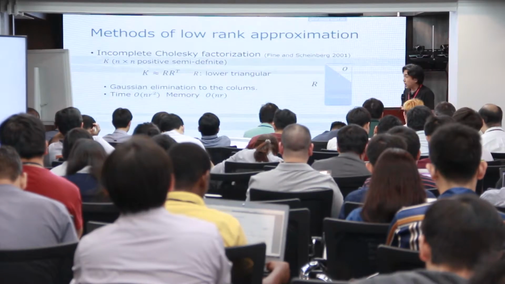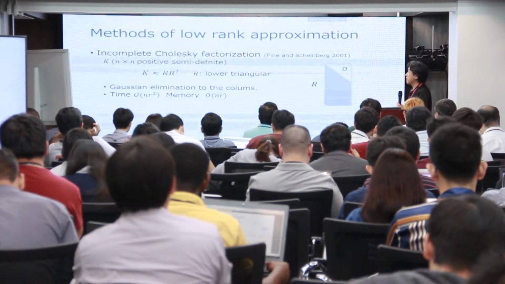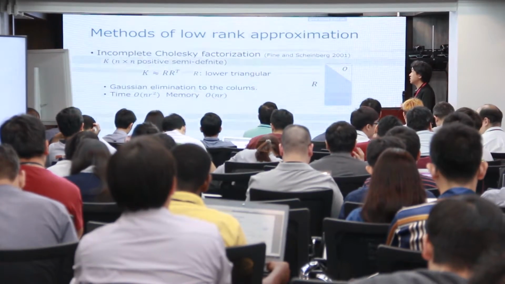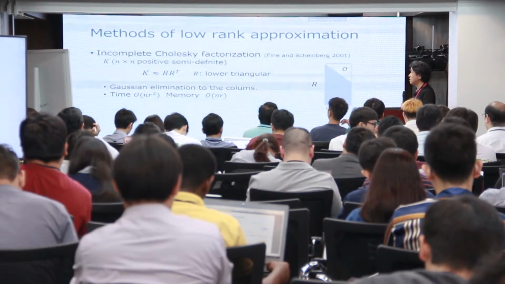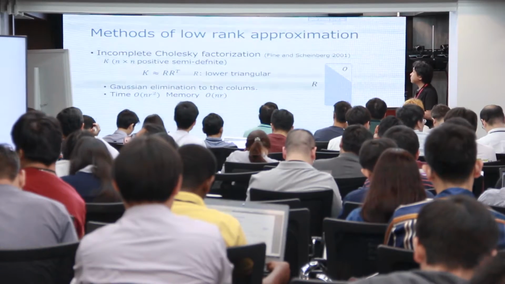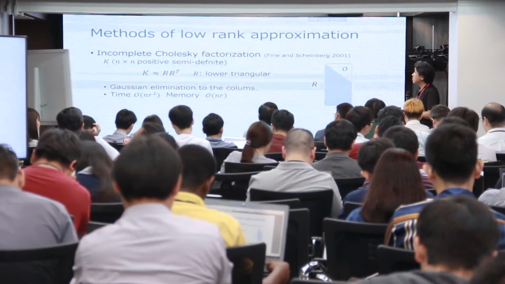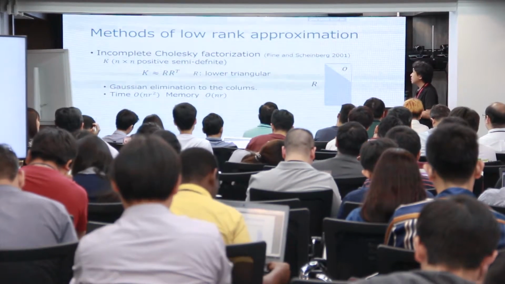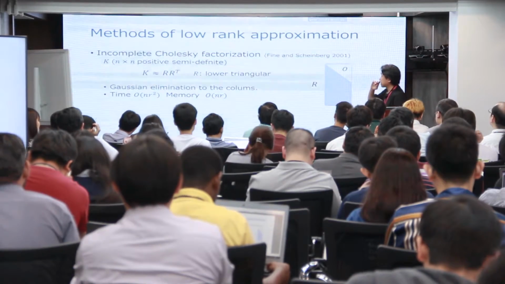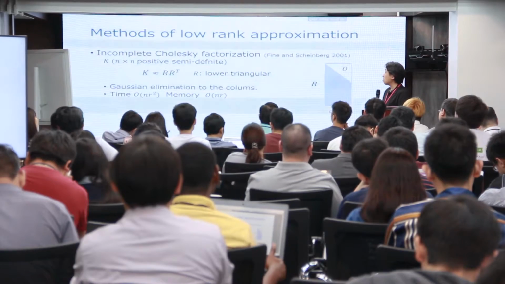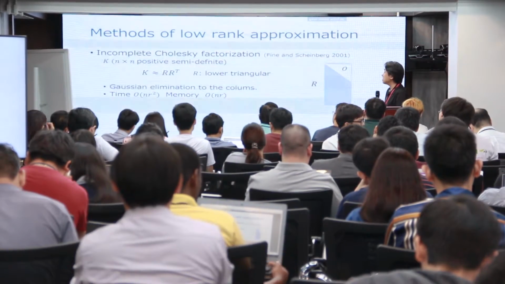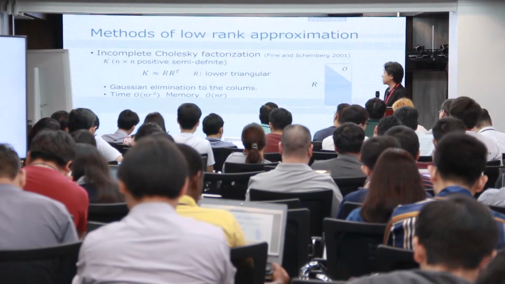And there are a couple of famous methods to obtain the low rank approximation starting from the original matrix K. I skipped the details, but one of the famous ones is incomplete Cholesky factorization.